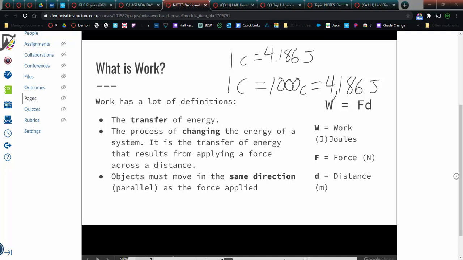Fun fact, you might ask yourself, how many calories are in, say, a pound of fat? Well, 1 pound of fat, in American systems, is about 3,500 of the big calories.